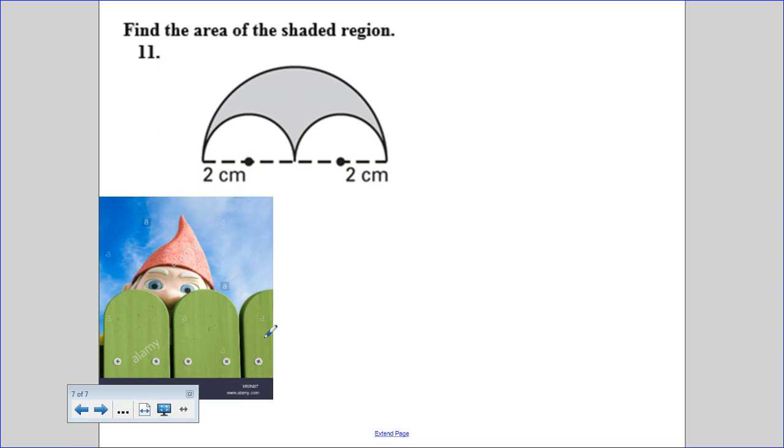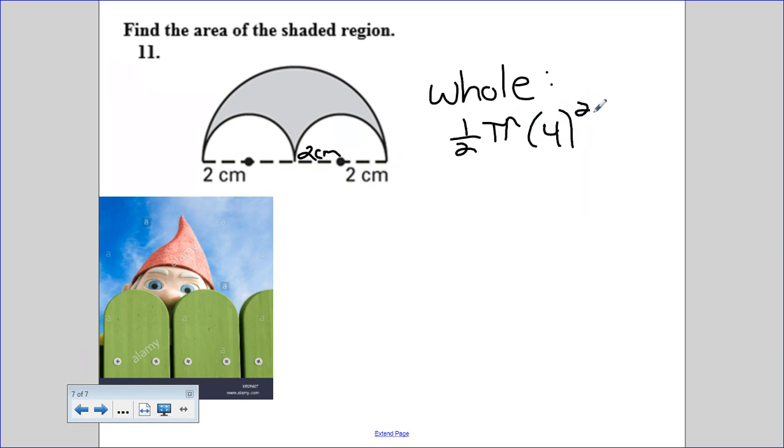But what we have to do is find the area of the shaded region. Okay, so I have that it's a semicircle, right? So if I found that the 2 centimeters is the diameter of the unshaded, so this would also be 2 centimeters. So the whole, the shaded and unshaded, would be 1/2, right? It's half a circle of pi times the radius of the whole thing, which would be 4. Right?